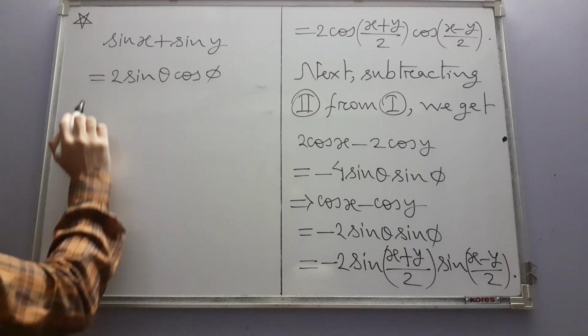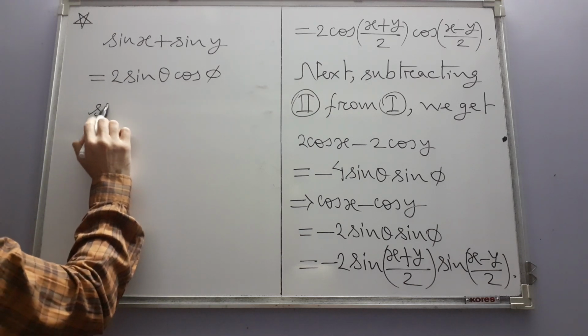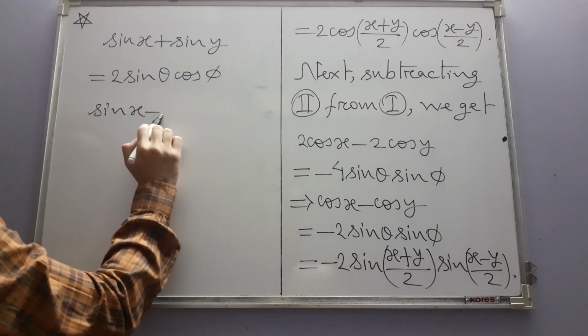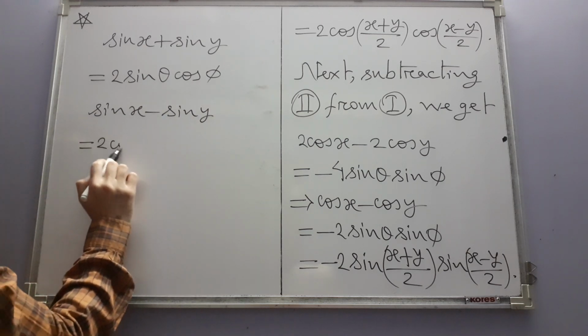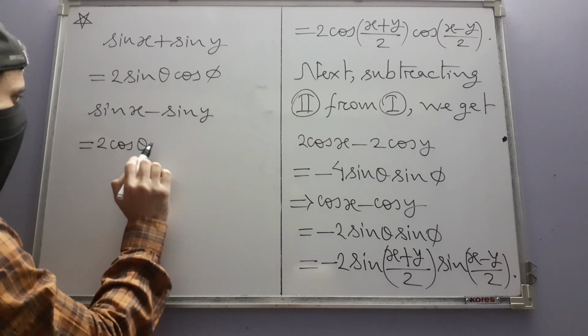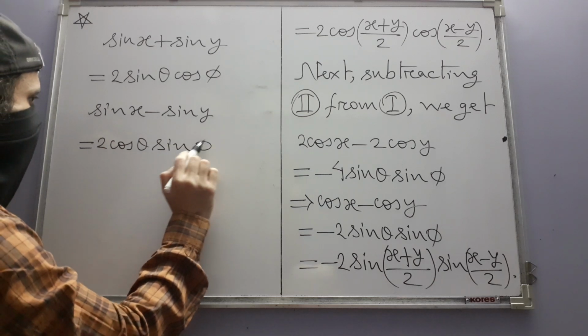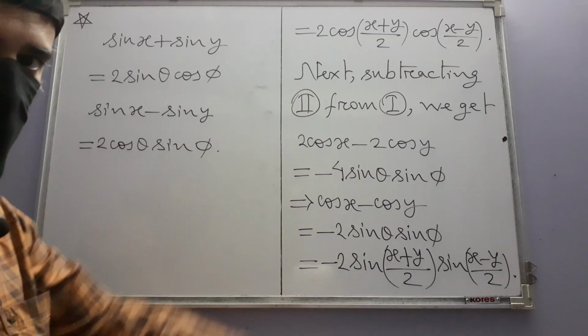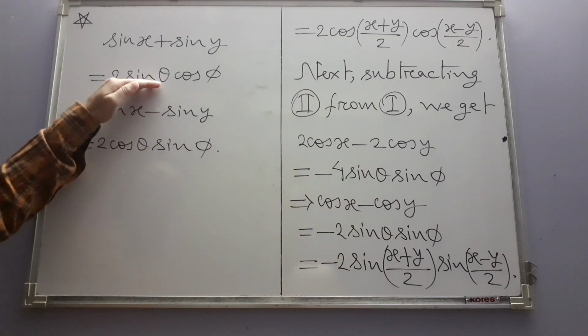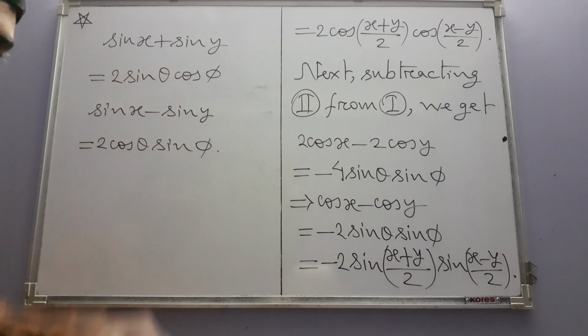So this is one thing. And the fourth one is this: 2 cos theta sin phi. So according to how we found these two, here also we should start with these things.